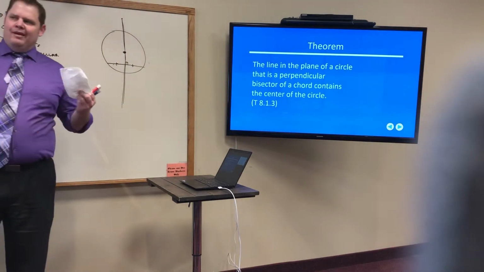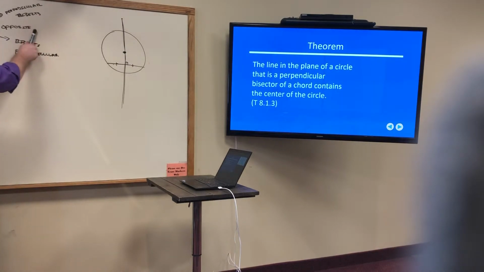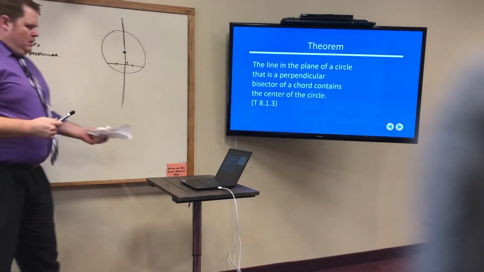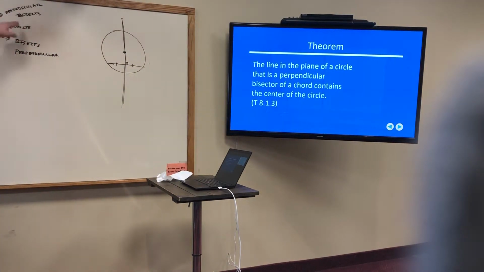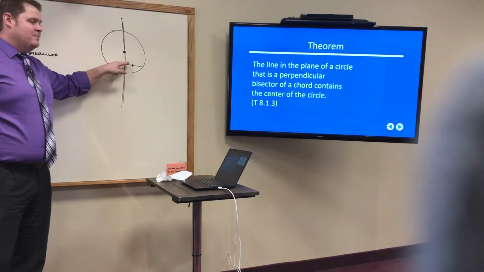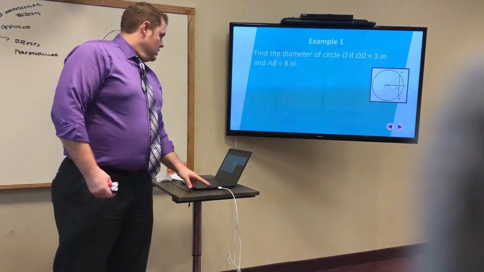Okay, so all three of these theorems deal with the same thing, perpendicular bisector. The first ones say if they're perpendicular it bisects, if it bisects it's perpendicular. Now it's saying, hey, if it bisects and is perpendicular, then it has to go through the middle of the circle. It just has to do that. So let's look at an example.